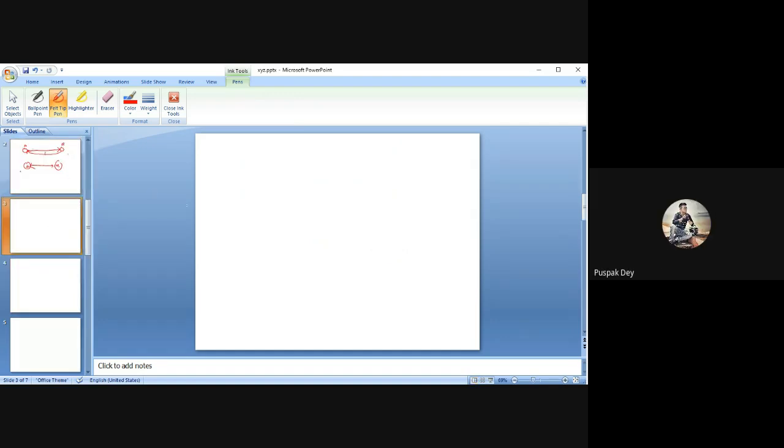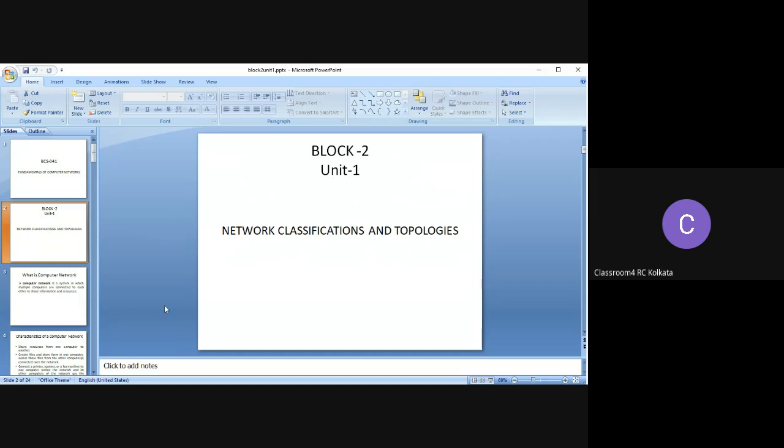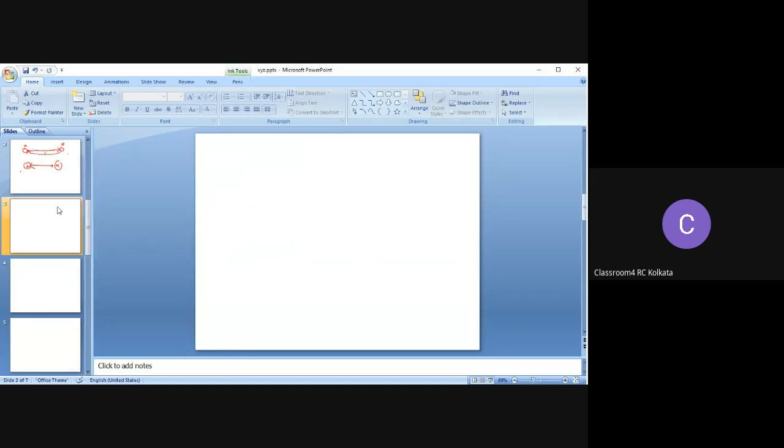The fourth unit is communication medium.